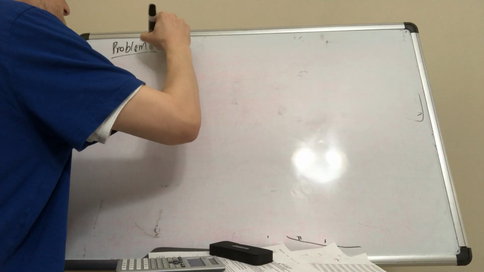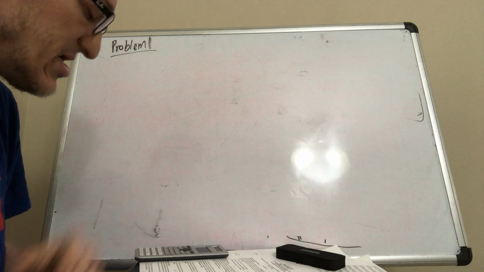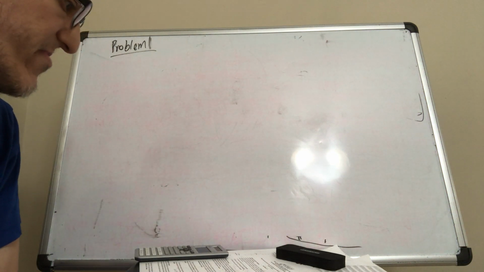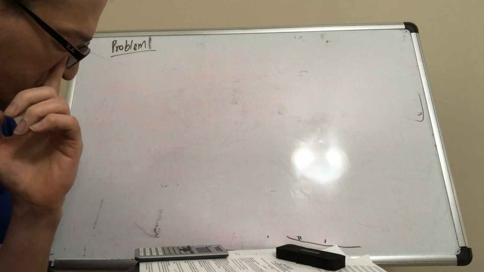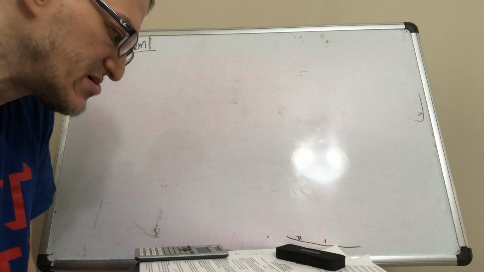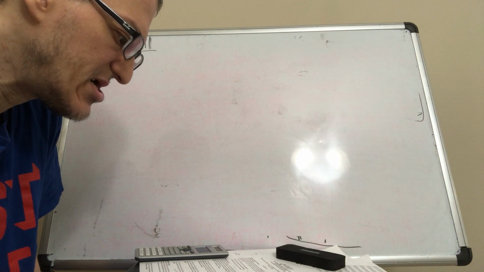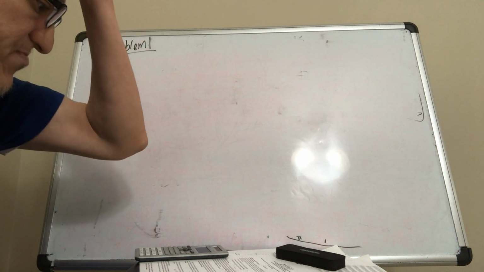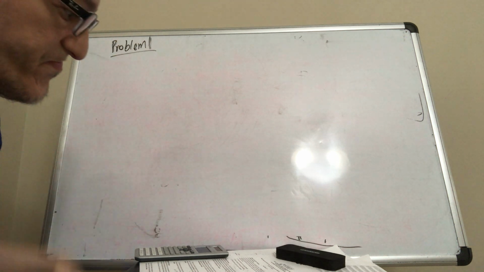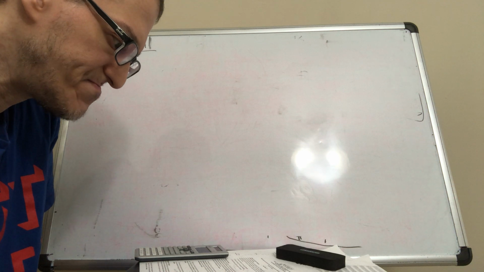Okay, problem number 1, this is finance. Assignment number 2. In this question, problem number 1, they tell you you're considering two different investments, A and B. Investment A will pay $100 per year forever, but the first cash flow occurs 11 years from today.